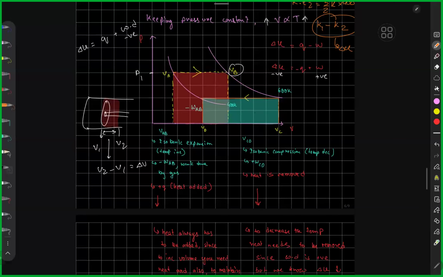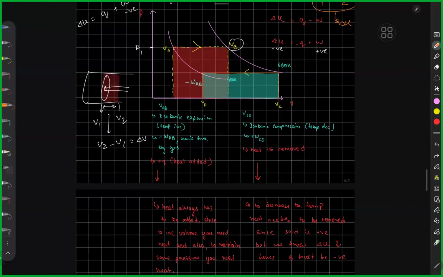That's it. Now, in such a case, work done is negative because volume is expanding. So work done is negative on the gas. Great. Hence, heat needs to be supplied to compensate for the negative work done such that my internal energy ultimately increases.